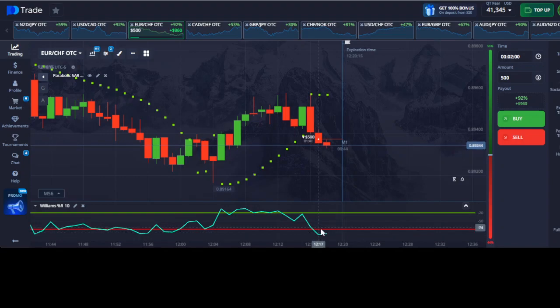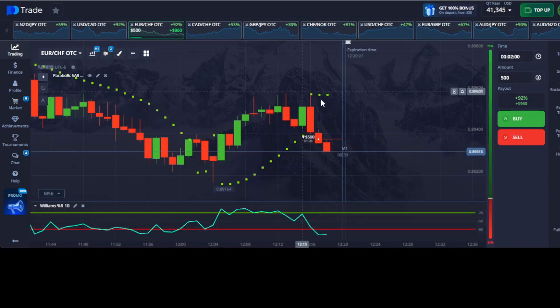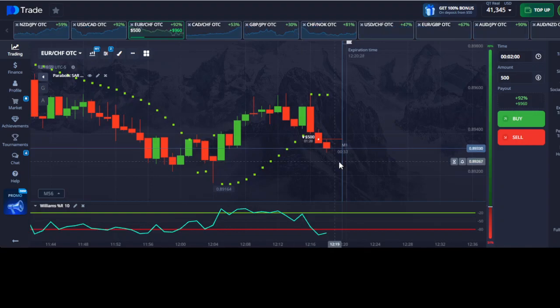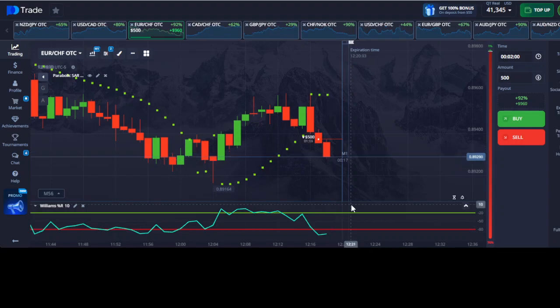In addition, my Parabolic SAR dots have printed above the candles, which suggests downward momentum, a reversal move to the downside. So we have confirmation from both indicators. Let's monitor this trade over the next 2 minutes and wait for the expiration.